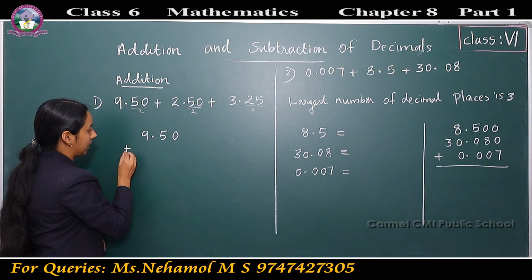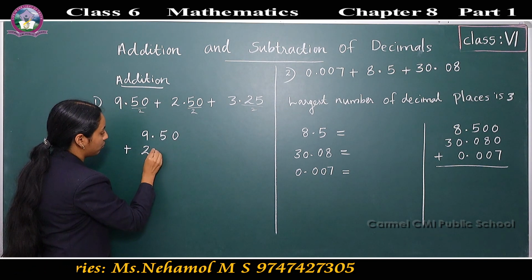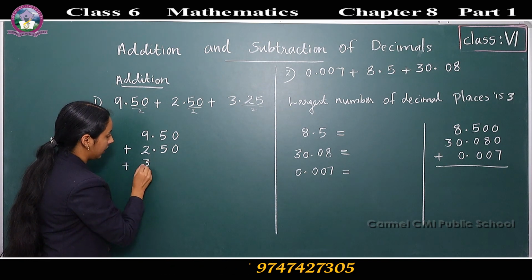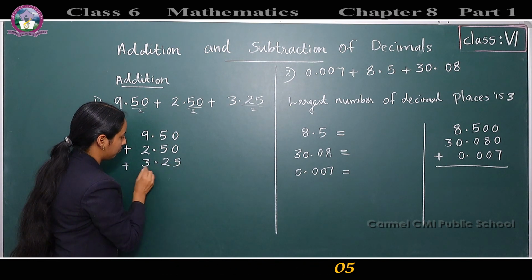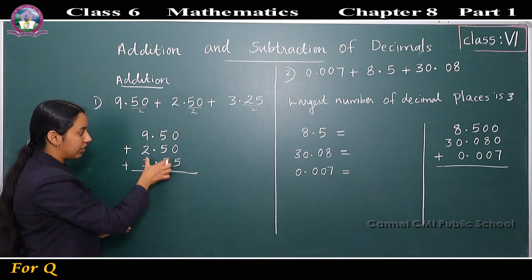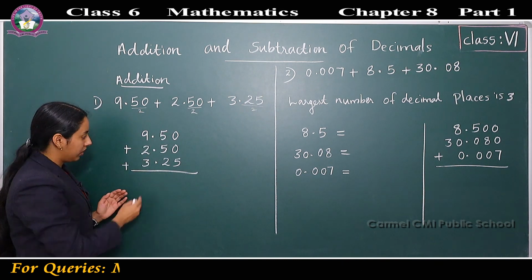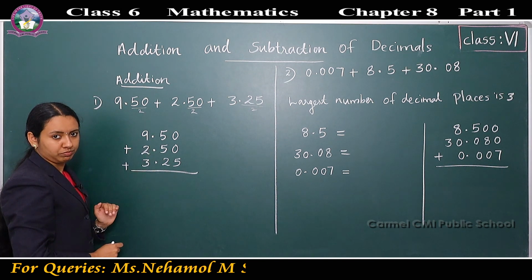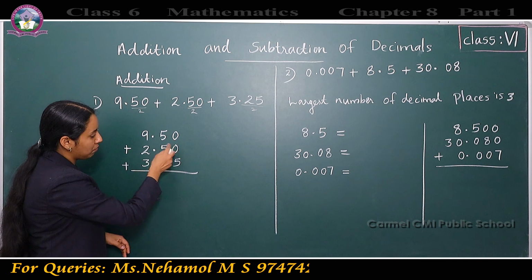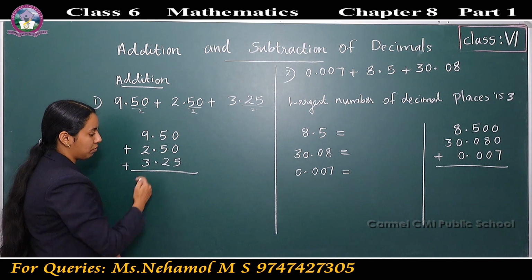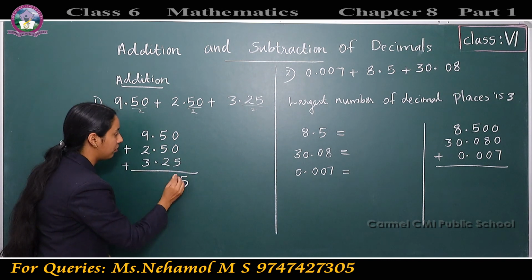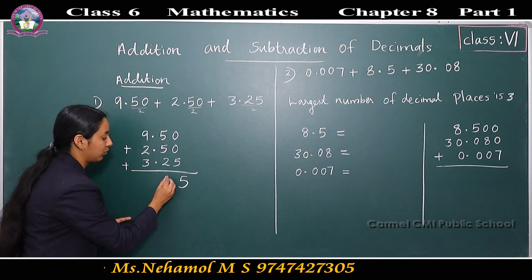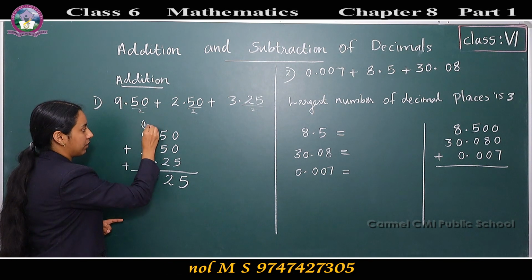Write the numbers: 9.50 plus, then second number 2.50 plus 3.25. We have to arrange the numbers this way. Keep the decimal point in the same column. Then 0 plus 0, 0. 0 plus 5 is 5. 5 plus 5 is 10. 10 plus 2 is 12. 2 here, carry 1.